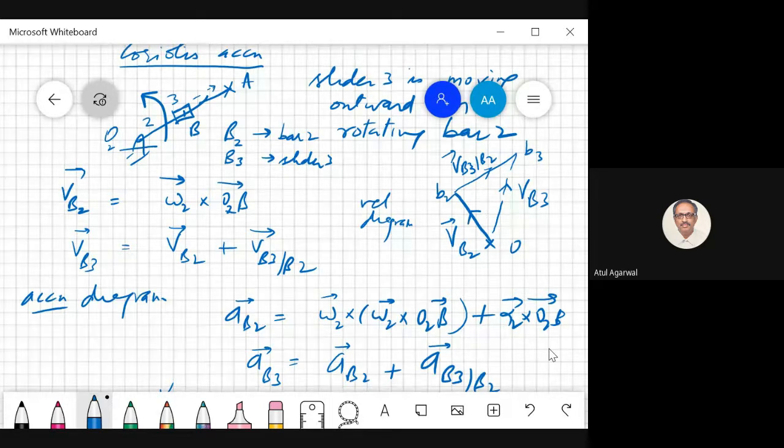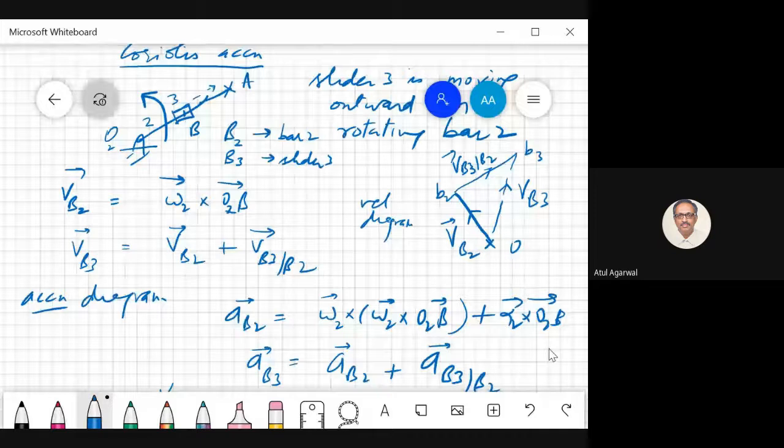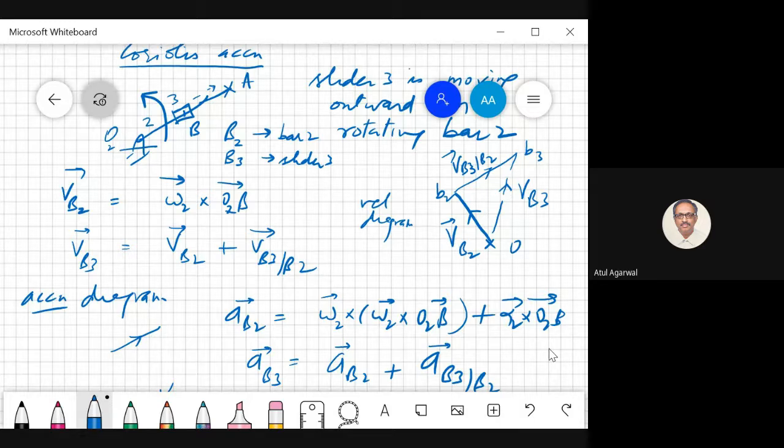Number one, if you place an observer at B2, an observer rotating with the platform, what he will see is this fellow going outward in a straight line. So it has only a tangential acceleration. If the direction was changing, then there would be a normal acceleration.